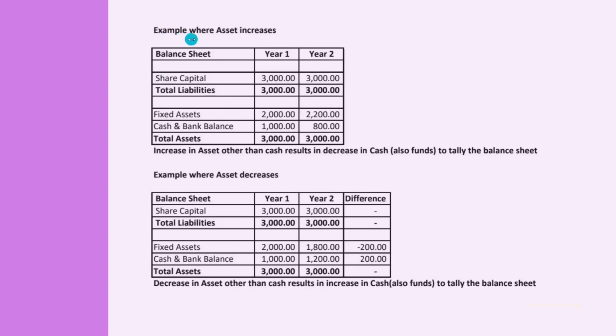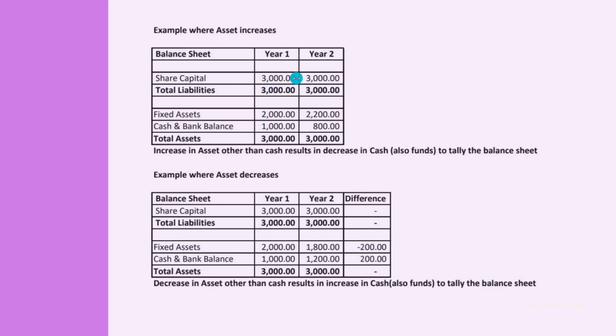So, the example where asset increases. On the balance sheet, year 1 share capital is 3000 and year 2 is 3000. Fixed asset in year 1 is 2000, cash and bank balance is 1000 and total assets is 3000. So total liability in year 1 is 3000 and total assets is also 3000 in year 1, and our balance sheet tallies.